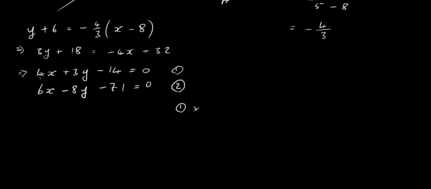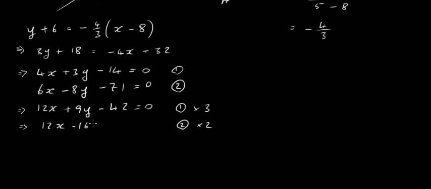So I'm going to multiply equation 1 by 3 and equation 2 by 2. So here we will get 3 fours 12x plus 9y minus 42 is equal to 0. Our second equation here we're going to multiply by 2, so that's going to be 12x as well. We have minus 8 16, and then we have minus 71 142 equal to 0.